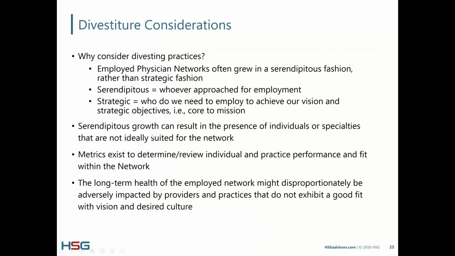One more note on divestiture considerations. As we said, we think this is probably the right time. Again, we didn't see a whole lot of employed networks grow strategically. We saw a lot of networks grow by frequent, rapid acquisition, usually by management teams that are not currently in place. Sometimes, that's just healthcare. That's not saying that the networks that made those decisions are now all lost their jobs.